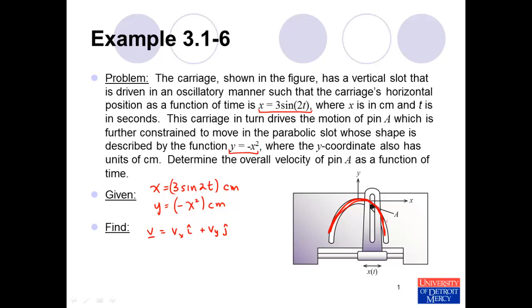One thing that we'll notice when we describe motion using rectangular or Cartesian coordinates is that since this coordinate frame is fixed, when we differentiate to go from position to velocity, the derivative of the unit vectors is 0. So for example, if we consider the position of pin A, which is what we're interested in, as having some x component and some y component, we know that velocity is the time derivative of position.